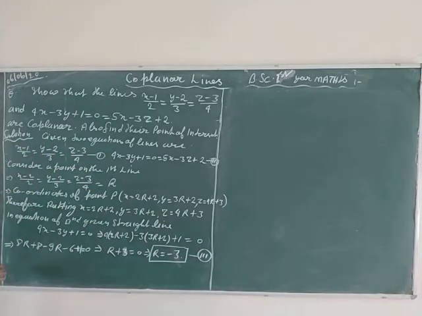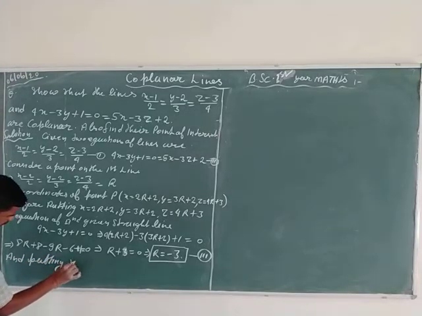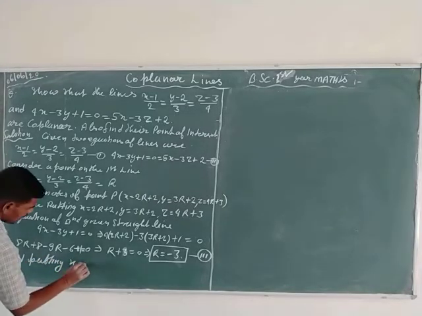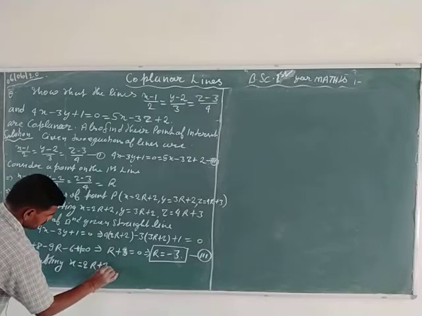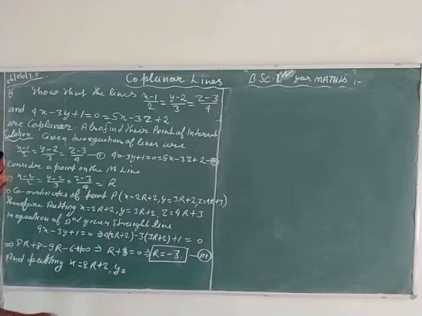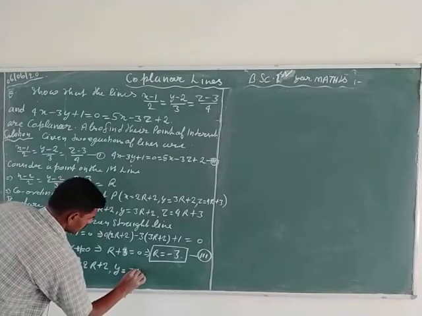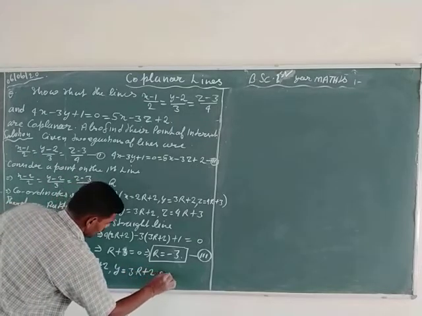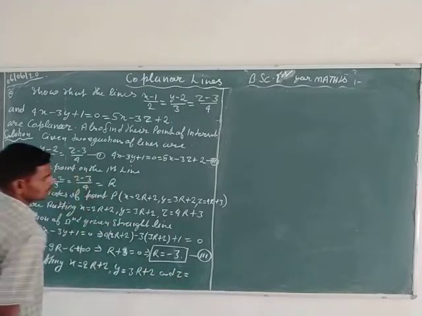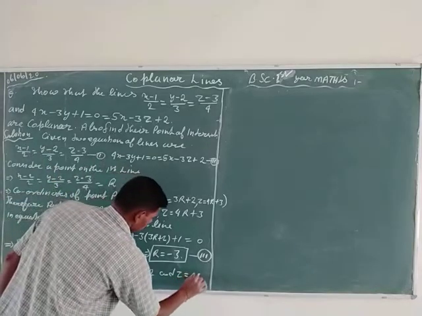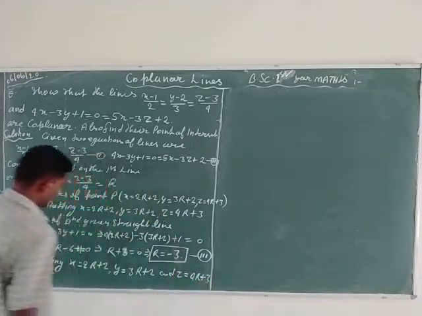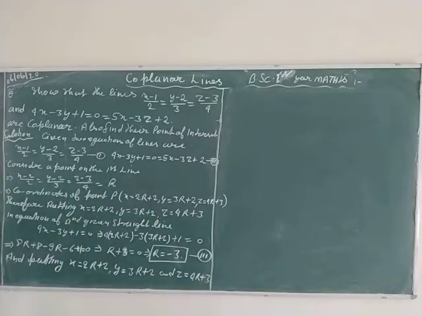So, putting x is equal to 2r plus 2, y is equal to 3r plus 2 and z is equal to 4r plus 3 in the second plane equation.